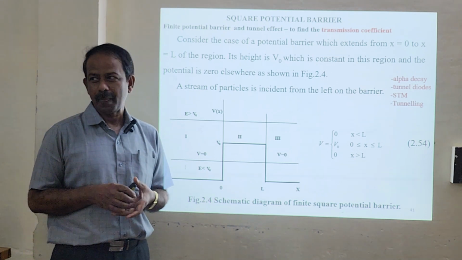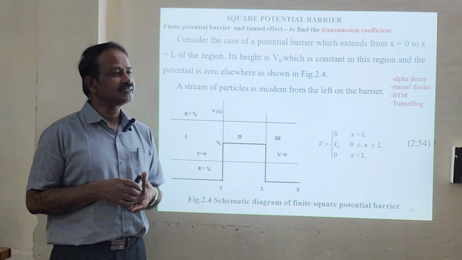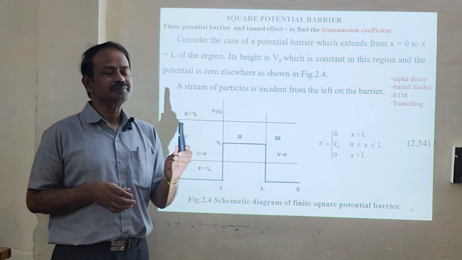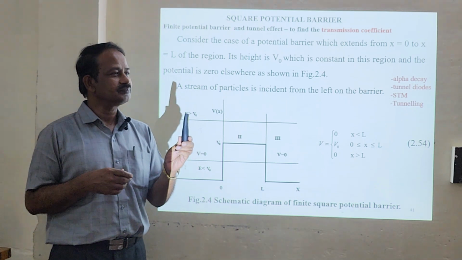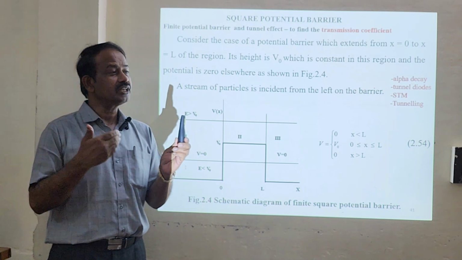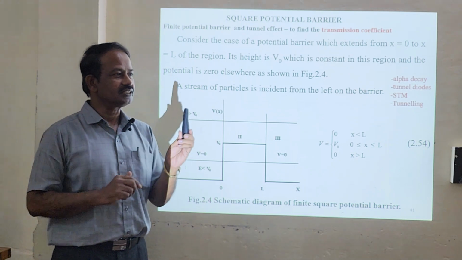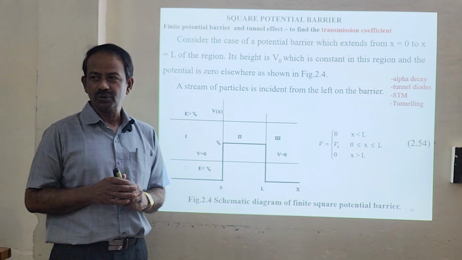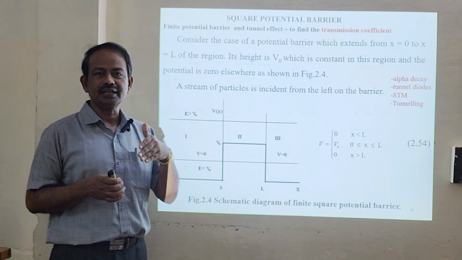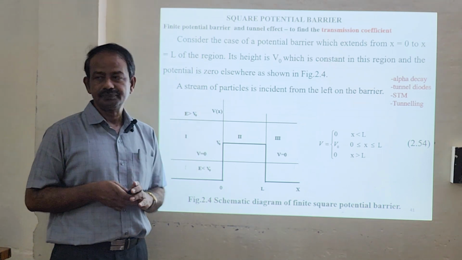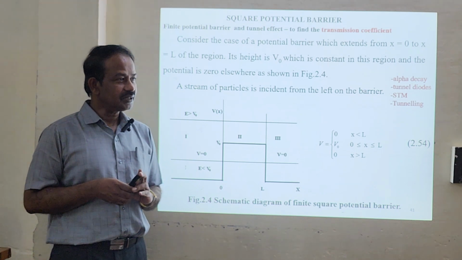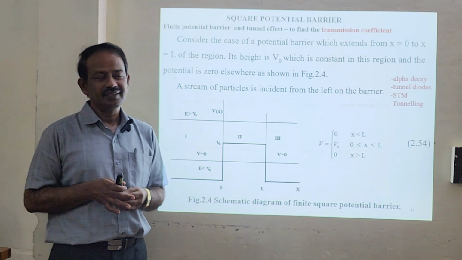It's a weird one. In classical physics, if I want to throw a ball over a barrier, I have to give it more energy than the potential energy of the barrier, only then can it cross from left to right. Whereas in quantum mechanics, it is not the case.